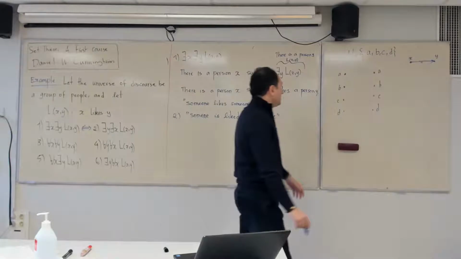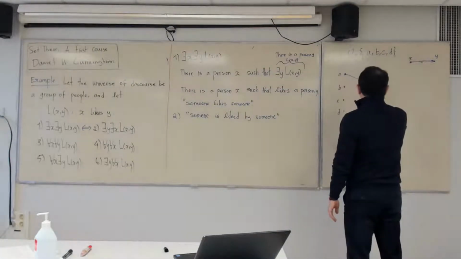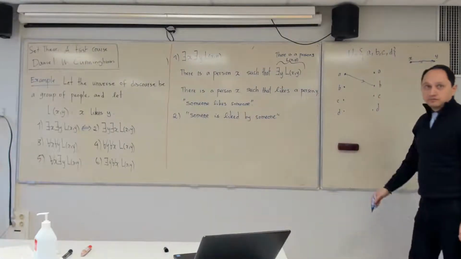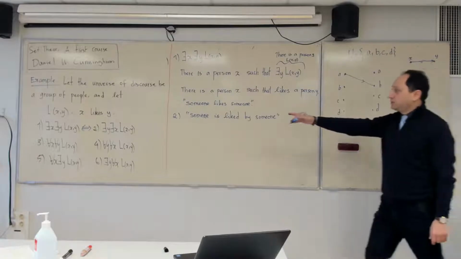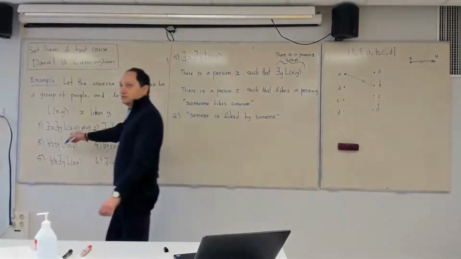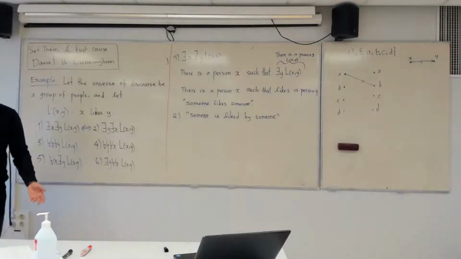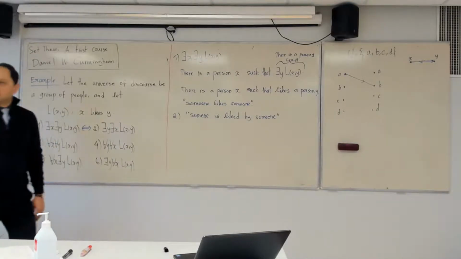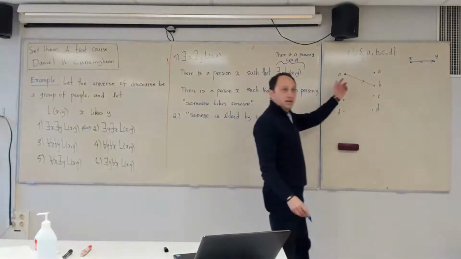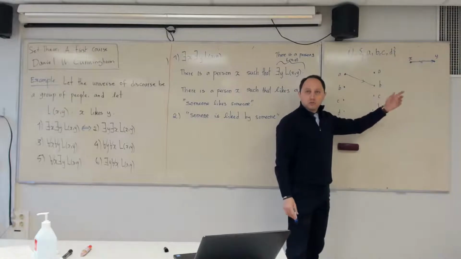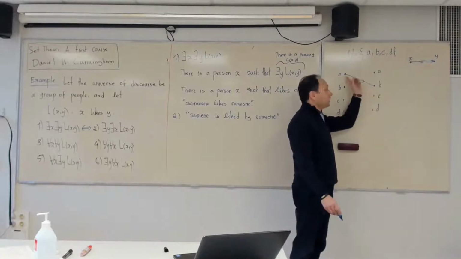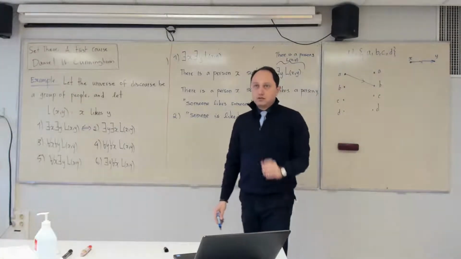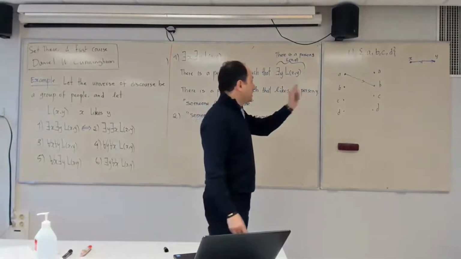But assume that I just connect this one to that one and leave it. Do you think that this statement is true or false now? True. It's true, yes, because someone likes someone. That is A likes B, or B is simultaneously liked by A. Yes? So that's a diagram that makes this right.